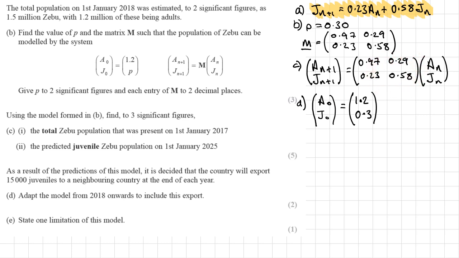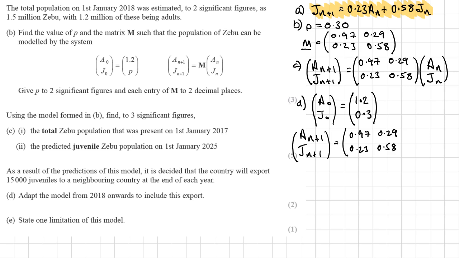So we're still going to be working out the number of adults and juveniles using the previous populations, but we do need to show that the population of juveniles is going to be reduced by this 15,000 juveniles per year.